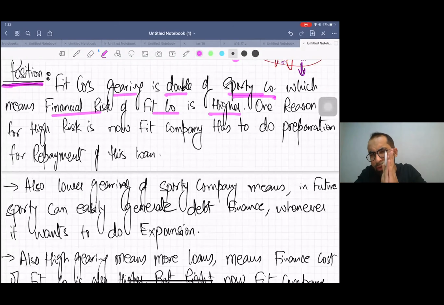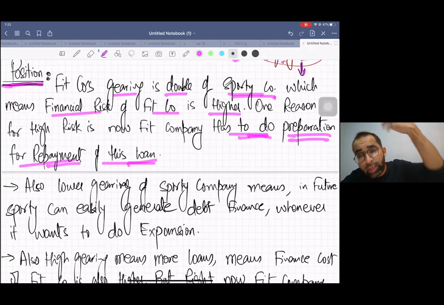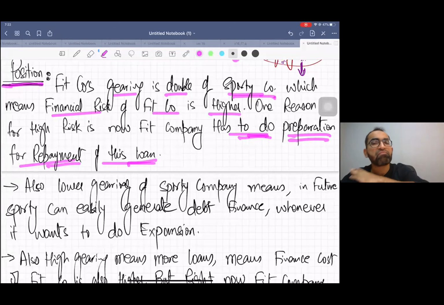One reason for high risk is that Fit company has to prepare for repayment of this loan. When you have taken a loan, there must be a repayment date, and if you fail to repay your loans on time, your company will be liquidated, right? So this is a risk. Repayment of loan is a big risk.